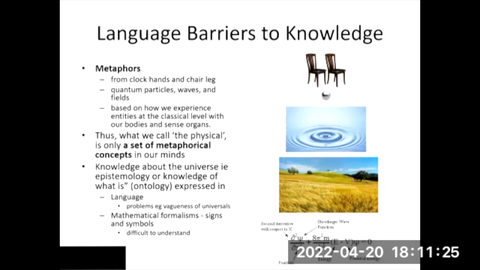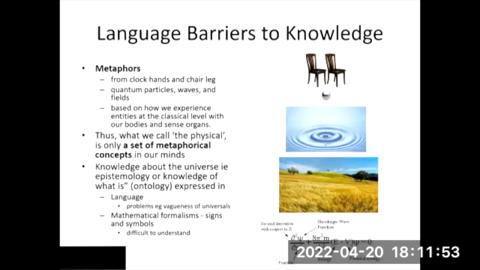We talk about waves based on our observation of the waves. They're all metaphors. Even fields are metaphors. They're three-dimensional versions of swaying wheat fields and so on and so forth. And the other thing to say is that the only way we can express our knowledge of the underlying ontology of what exists is either in language or in mathematics.